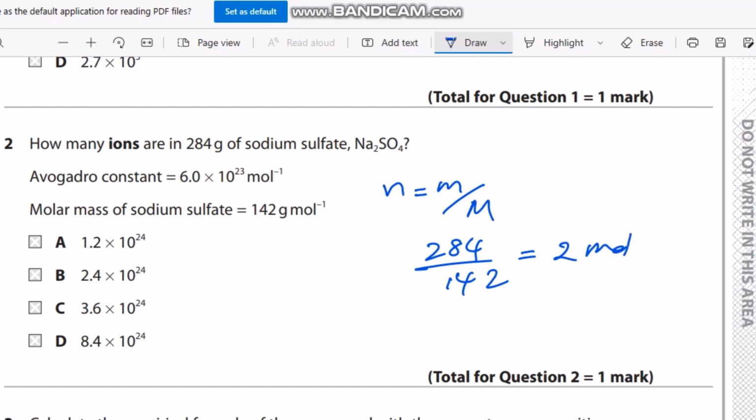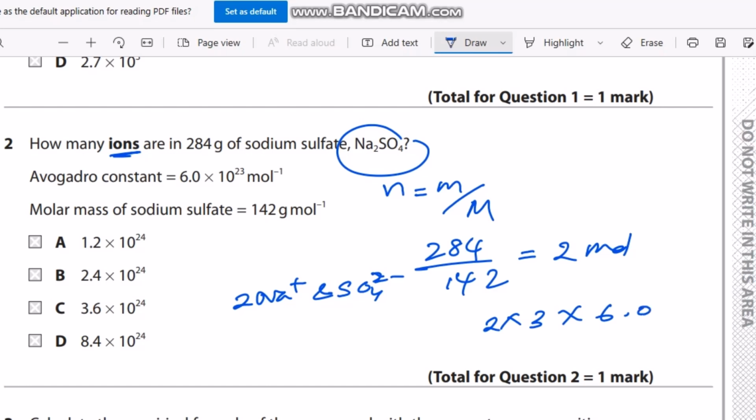So you have 2 moles of sodium sulfate. They are asking only ions. In sodium sulfate you have a total of 3 ions, 2 sodium plus and 1 sulfate. So this should multiply by 3, that should multiply by 6.02 10 to the power 23. So the answer should be 6 10 to the power 24.